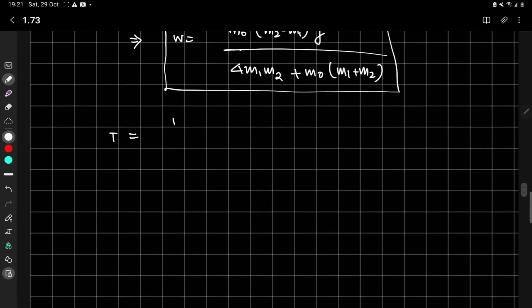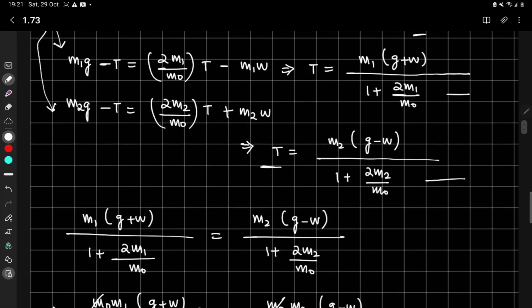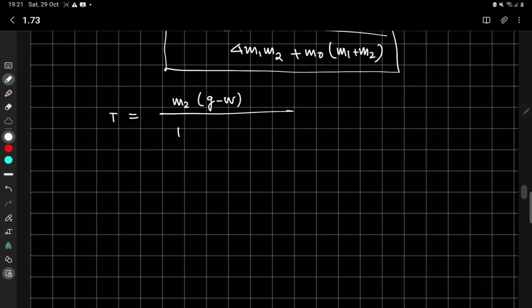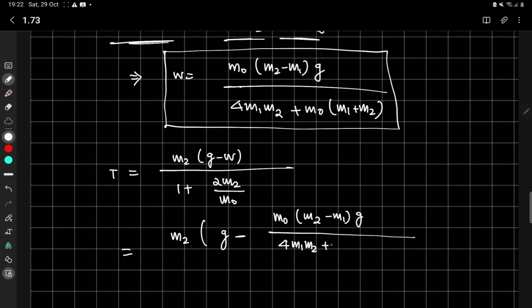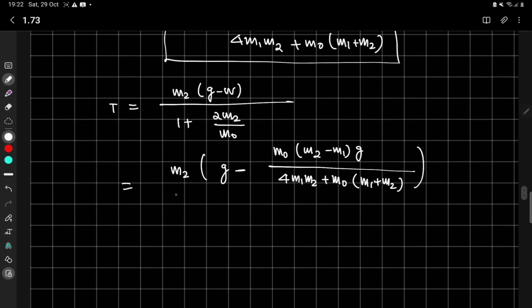m2 times (g minus w) whole divided by 1 plus 2 m2 by m naught. Let us substitute the value of w here, so we can write m2 times g minus m naught (m2 minus m1) into g whole divided by 4 m1 m2 plus m naught (m1 plus m2), whole divided by 1 plus 2 times m2 by m naught.